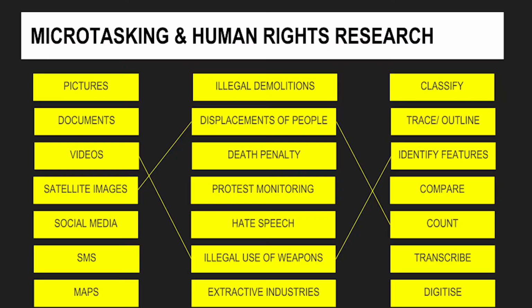Obviously, we can look at a variety of human rights violations: death penalty, hate speech, extractive industries, illegal demolitions. These are just some examples of types of human rights violations you can work around. And then in the last column, you have the types of engagements you can do with digital volunteers. You can ask digital volunteers to trace, classify, compare, count, transcribe, and so on.